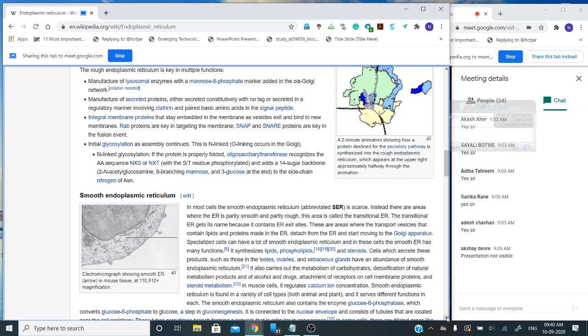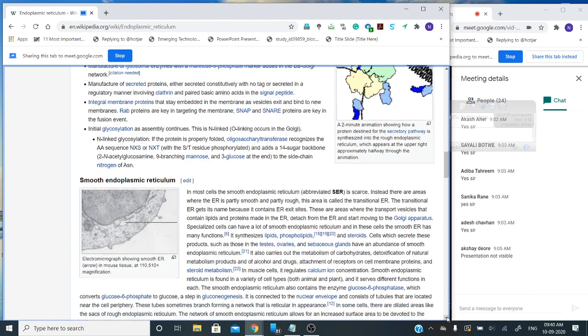Whenever you study the penicillin mechanism of action, you will find two important constituents of the cell wall in bacterial cells, NAG, that is N-acetyl glucosamine, and NAM, N-acetyl muramic acid. Like that, we will have many such agents in glycosylation.